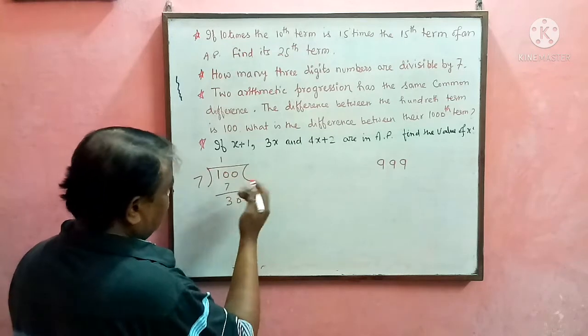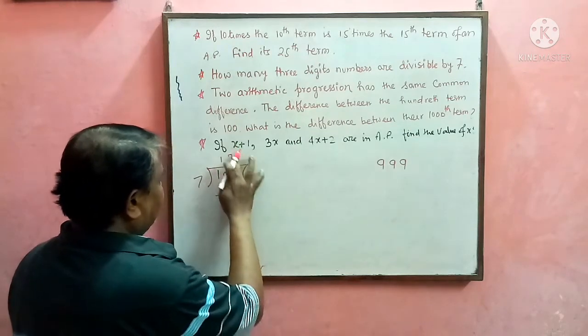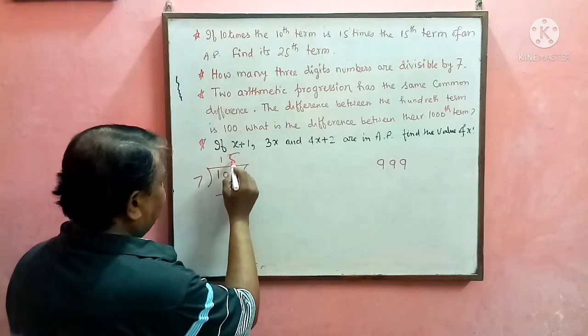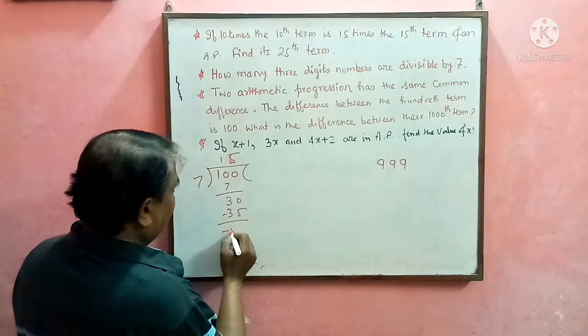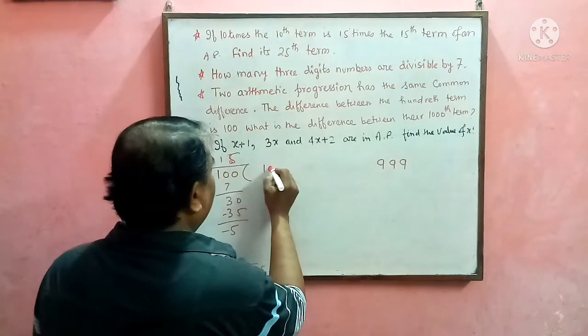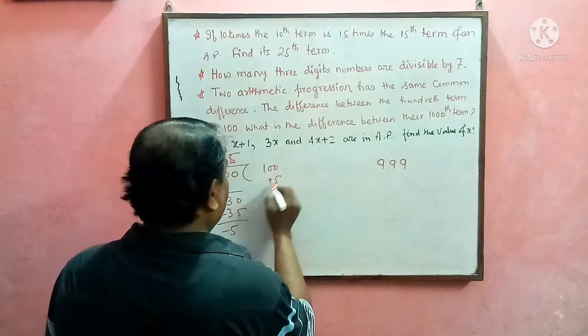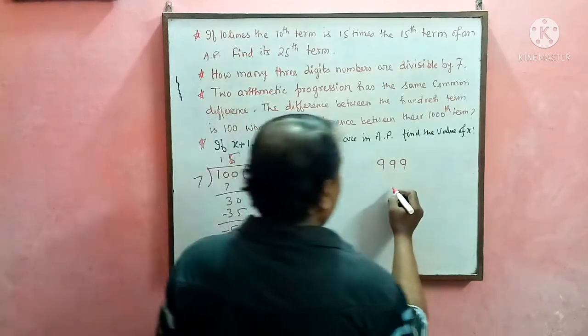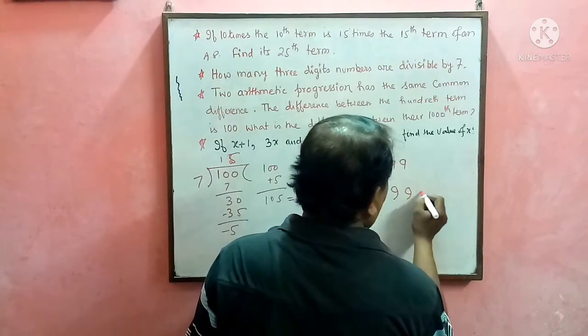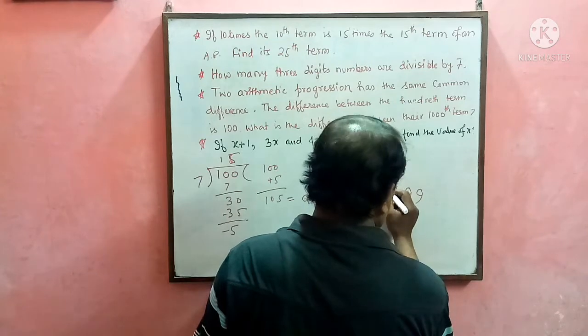You take just a bit more: 7 times 5 is 35, 35, this is minus 5. So you add 100 plus 5, this is 100, 5 is the first term, and now this will be the last term, meaning the nth term according to our question.